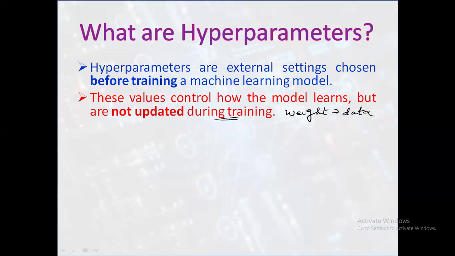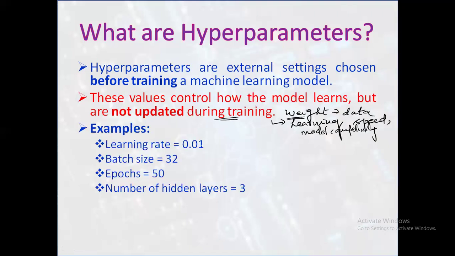They influence training behavior. What does training behavior mean? Learning speed, model complexity, and optimization strategy, but they are not modified during the model's learning the way a parameter like a weight is.